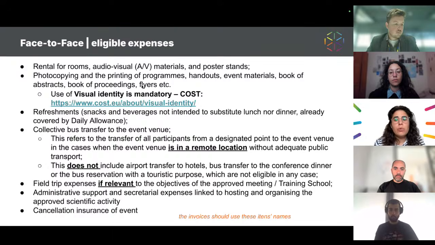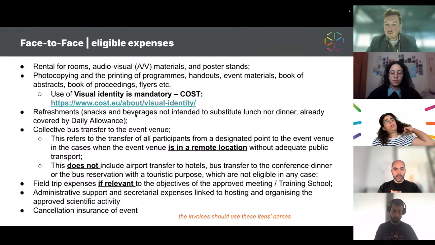All of these printed materials should follow the visual identity of COST, which I'm letting you know is here. Refreshments, what we call coffee breaks, but here they call refreshments. So snacks and beverages, not intended to include lunch or dinner, because these are already covered by the daily allowance of participants.